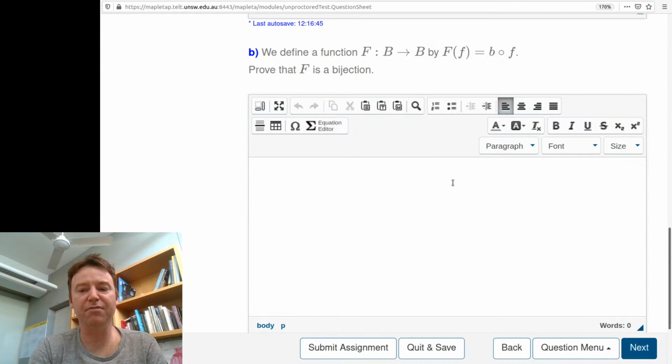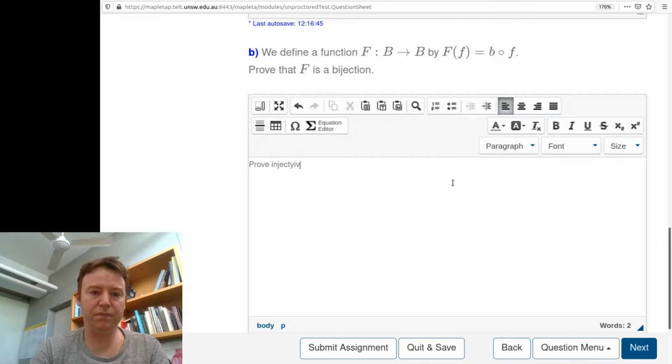This one's a bit freaky, and for this one, now I want to be using the definition of injective. Suppose f of f equals f of g. Then, well, what do I know?